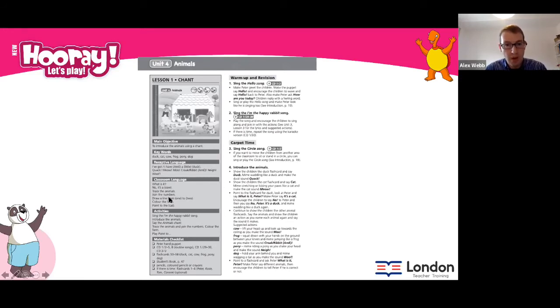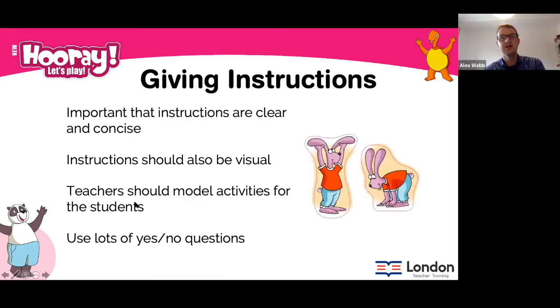So one thing that's on here is the classroom language, and I think this is something that is really important when we're teaching young learners. When they're not producing much language in English, giving clear instructions is really essential.